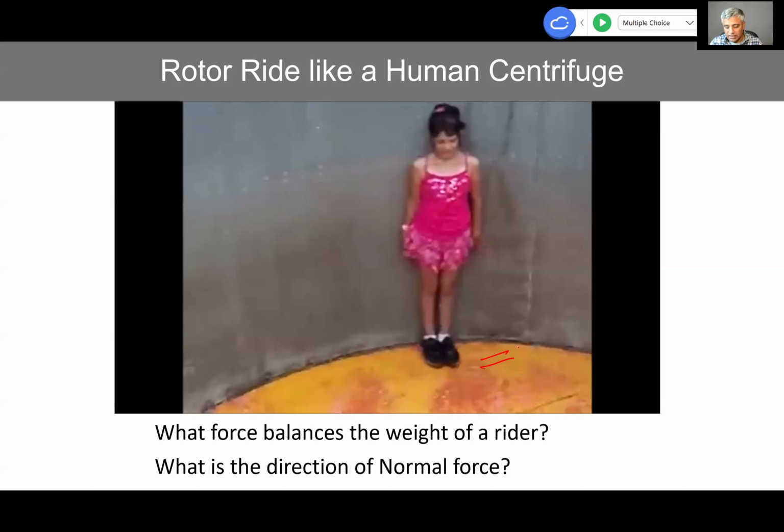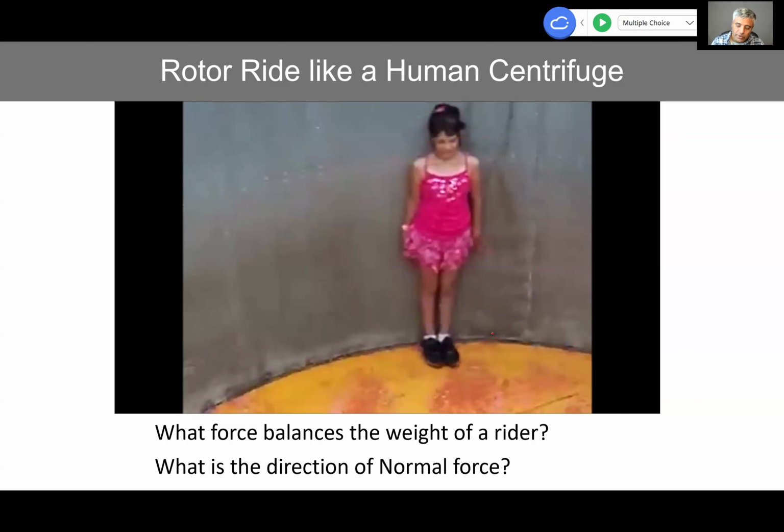Once the cylinder starts spinning, after a certain speed, the floor starts dropping, but the person does not drop. Oh, it looks like gravity is gone. The person is floating, so gravity is gone.